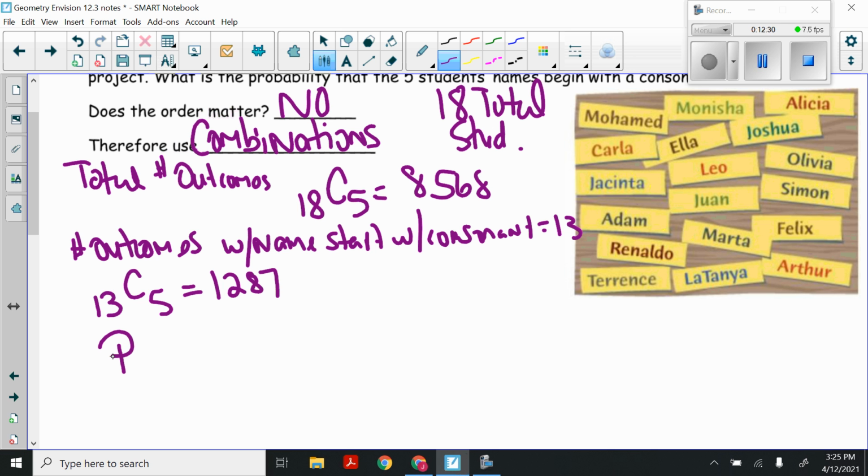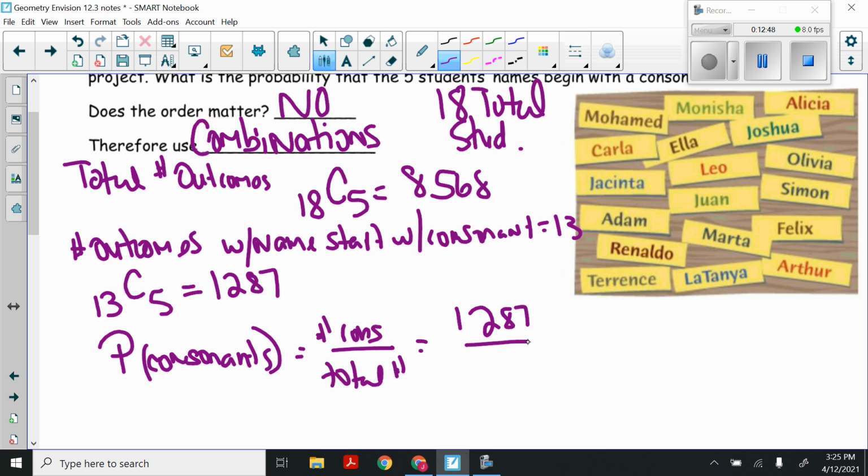The probability that their name starts with a consonant is the number of consonant outcomes over the total number of outcomes: 1,287 over 8,568. Divide that out, and we get 0.1502, or approximately 15%. So the probability is about 0.15, or 15%, that the 5 students' names will begin with a consonant.